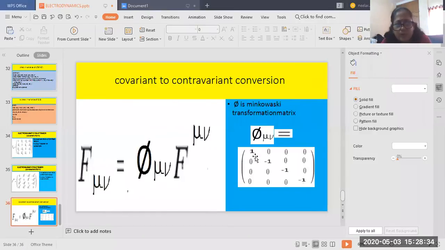You can see here diagonal elements are all unities except F11, it is positive. Remaining are all minus, and all remaining are zeros. So if you operate this Minkowski matrix on this, what is this one? Contravariant electromagnetic field tensor, then this will result into covariant field tensor.